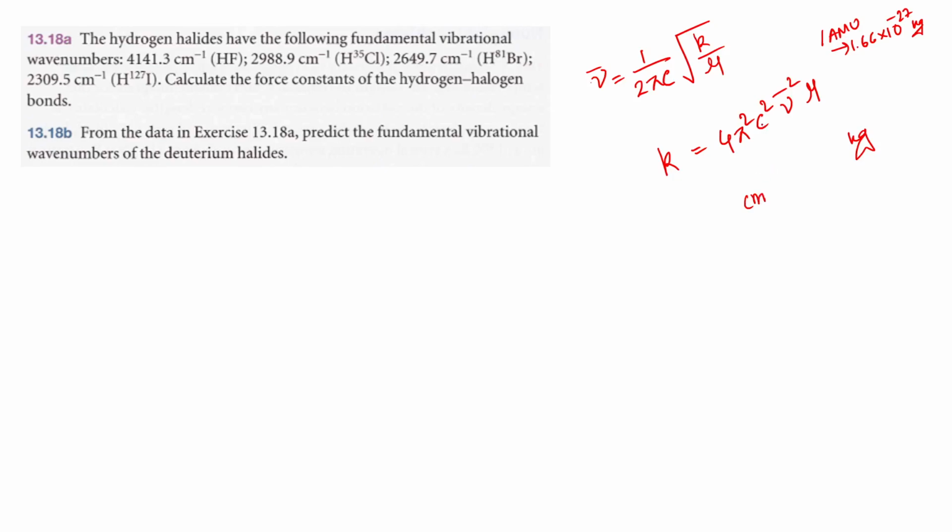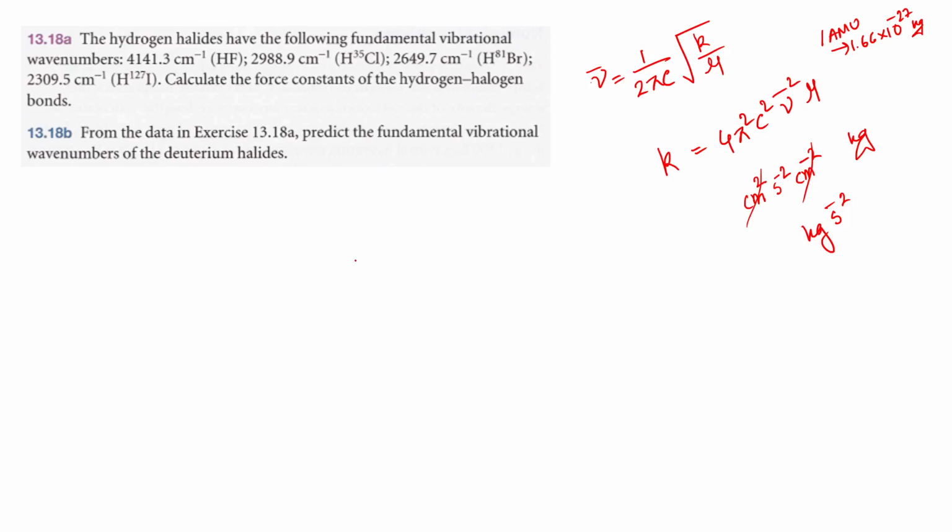Mostly you are going to use centimeters, because nu bar is always given in centimeter inverse, so it would be centimeter minus 2 squared, then kg. So the unit is going to be kg second to the power minus 2.